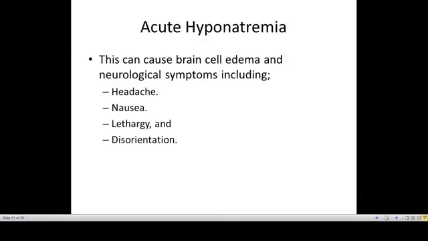Acute hyponatremia is a rapid reduction in plasma sodium concentration. This can cause brain cell edema and neurological symptoms including headache, nausea, lethargy, and disorientation.